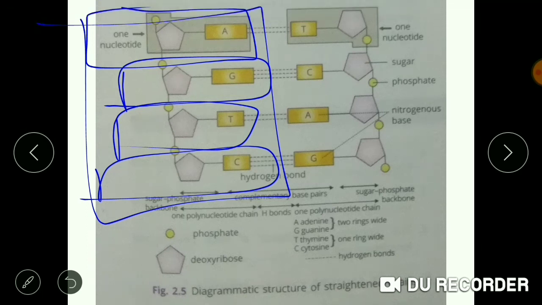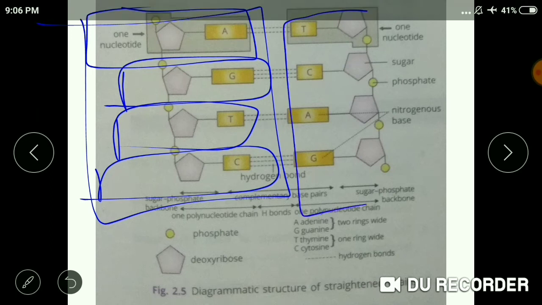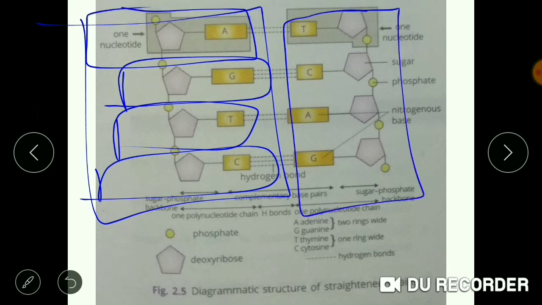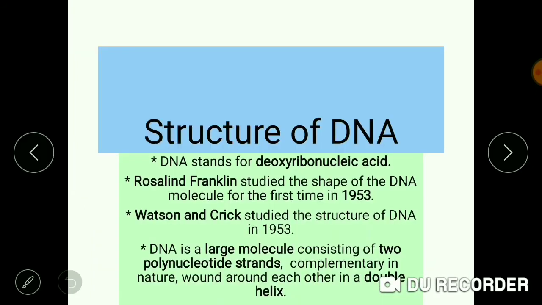And similarly, there is another polynucleotide chain over here, and both the polynucleotide chains are held together by hydrogen bonds. And these hydrogen bonds are between the nitrogenous bases. Now we can go back to this definition of DNA again, and now we will understand the meaning of the entire sentence.